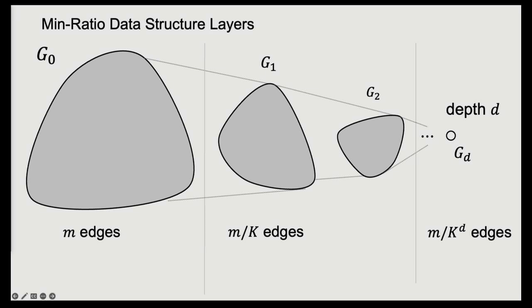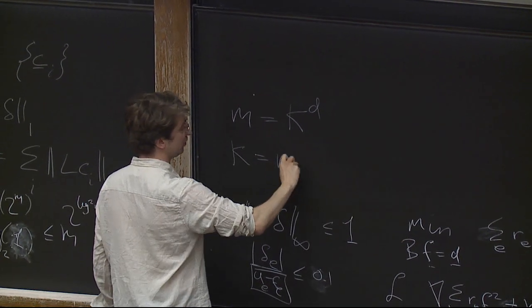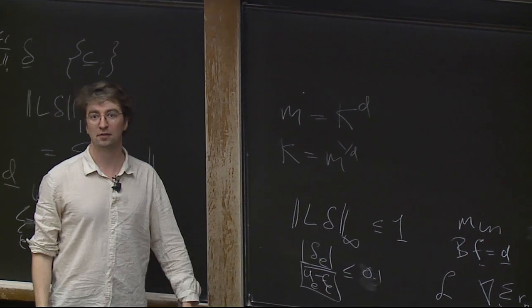Now we have m over k to the d edges left, and I'm saying this has to be 1. So we're just going to reduce the graph size all the way down to 1, and at that point we'll have built our tree, for example. So, just to say it out loud, m should be k to the d, or k should be m to the 1 over d.